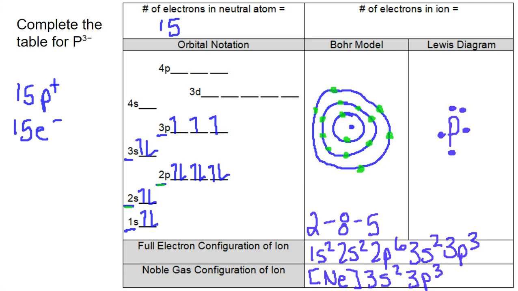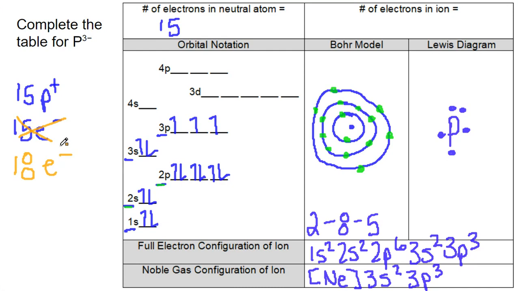Let's go ahead and modify this now for the ion. Okay, so phosphorus as an ion, it has a -3 charge, which means that it has 3 more negatives than it has positives. So if it had 15 positives originally, but now it has 3 more negatives than positive, it no longer has 15 electrons, but it now has 18 electrons. 18 is 3 bigger than 15.